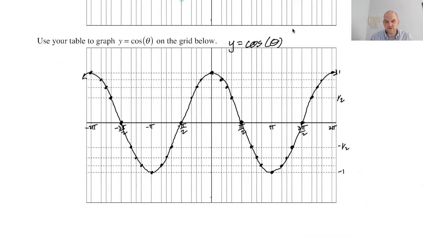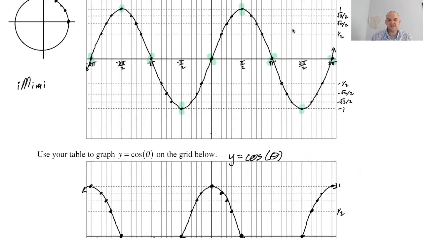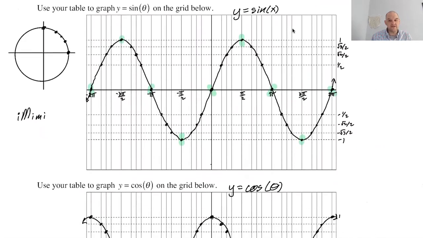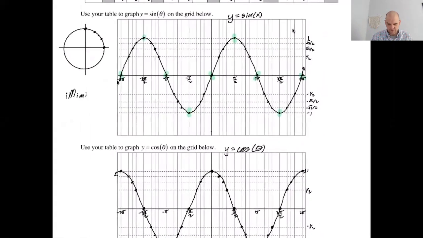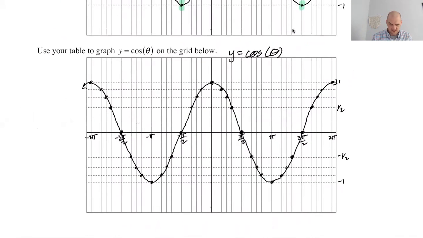So one thing that you'll notice, the graph of cosine and the graph of sine, they look really similar. They actually sort of have the same patterns, right? There's maximums, intercepts, and minimums. They're just in different places. So when I look at cosine starting at 0, I think the pattern is maximum, intercept, minimum, intercept, maximum.